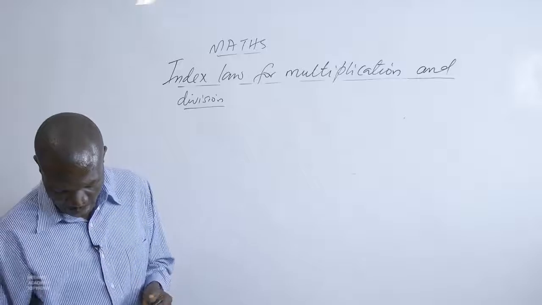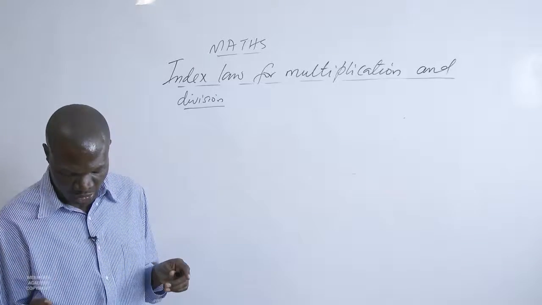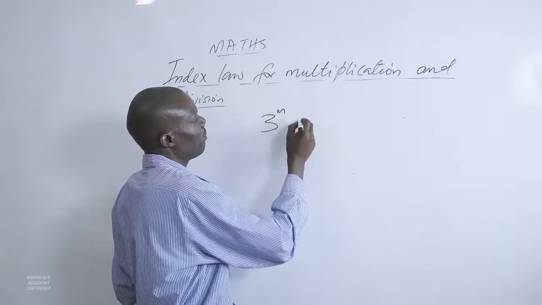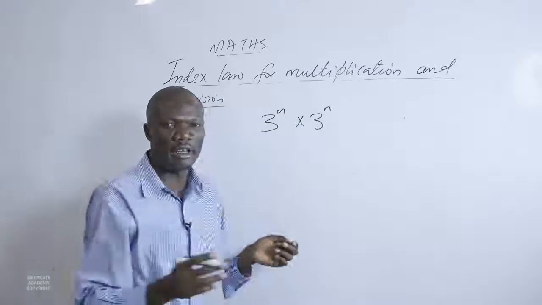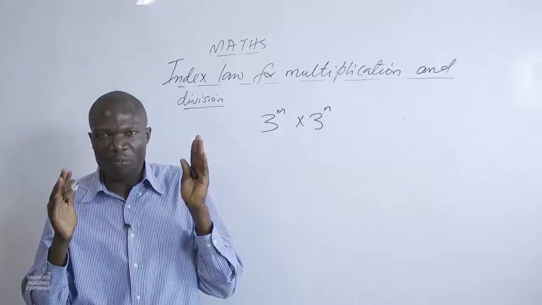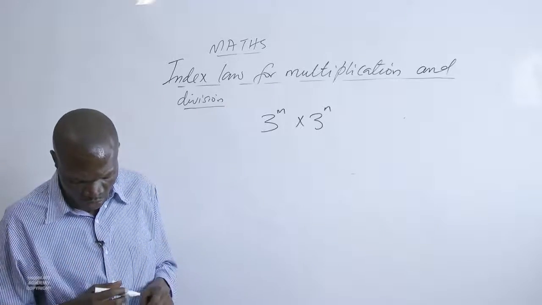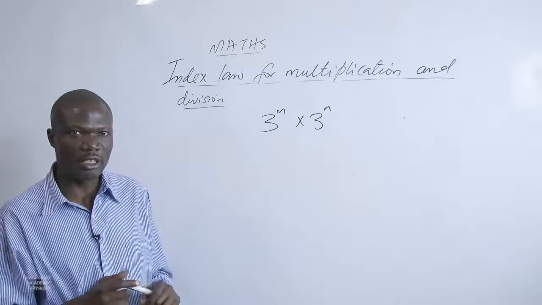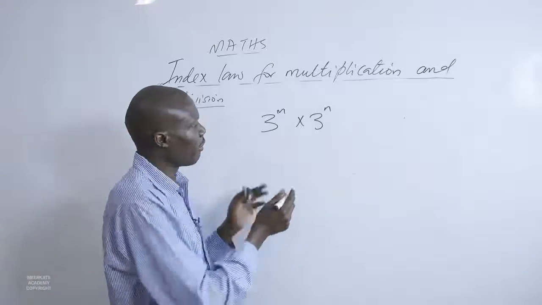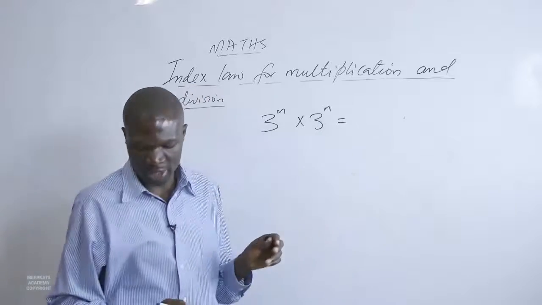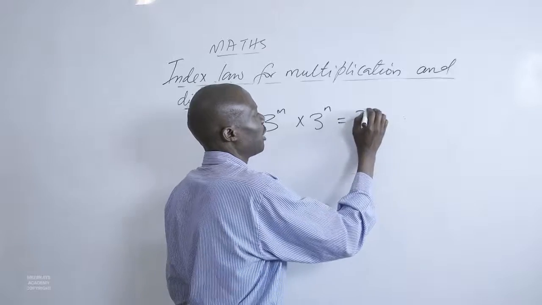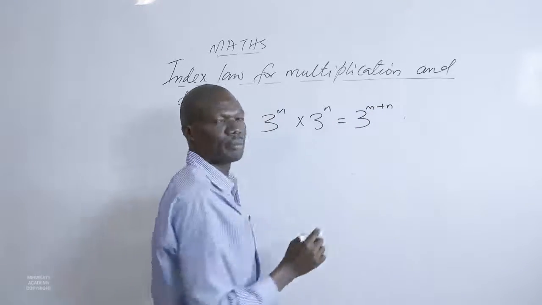We have already seen it, but we want to clarify that when you have a number like 3 raised to m multiplied by 3 raised to n, the law of index about multiplying means it is the same as just having the base written and then the powers put together by the sum.